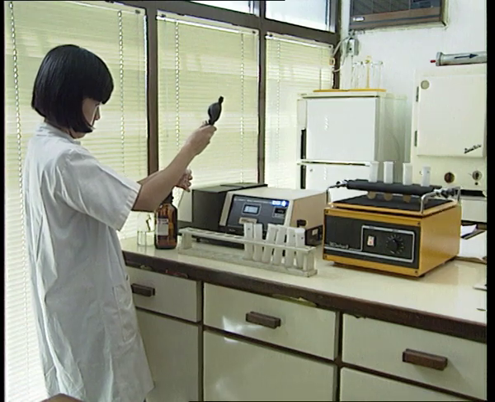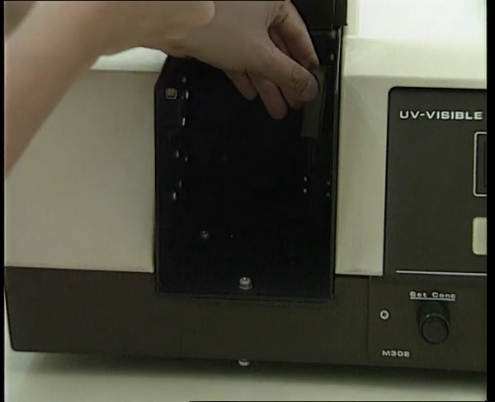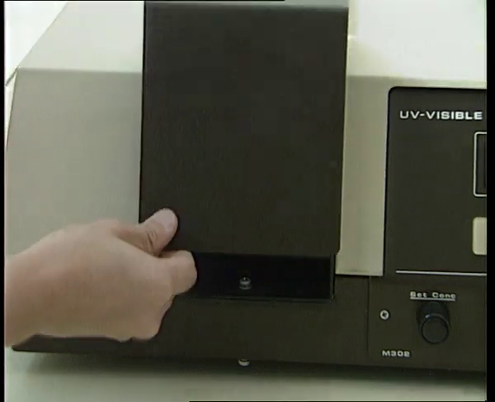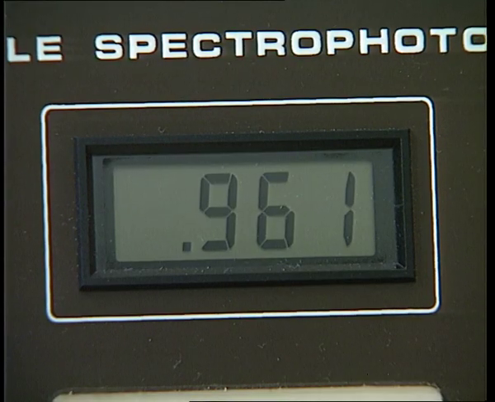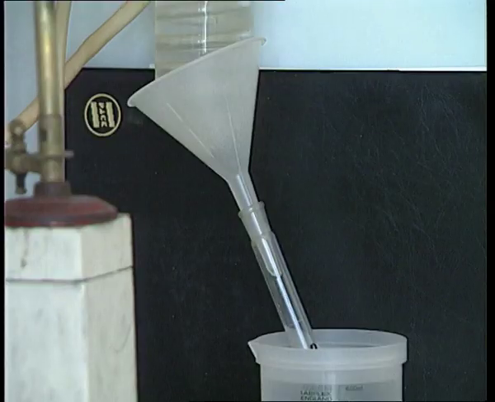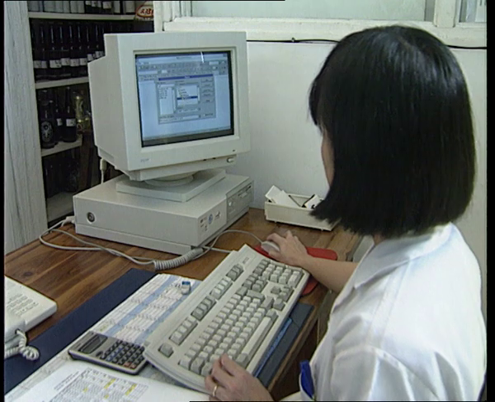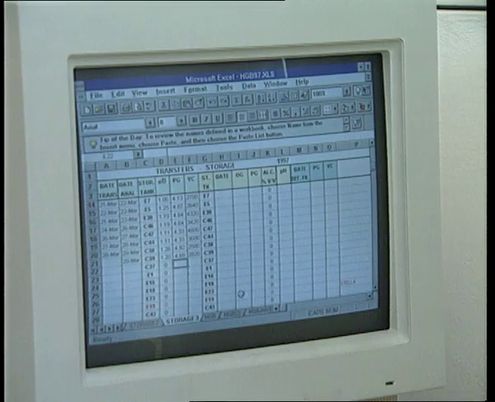A shaker is used to make sure that the samples of ingredients to be used are correct. Then there is a test to check that there is no oxygen present in the final product. All the results are then entered into a computer for close monitoring.